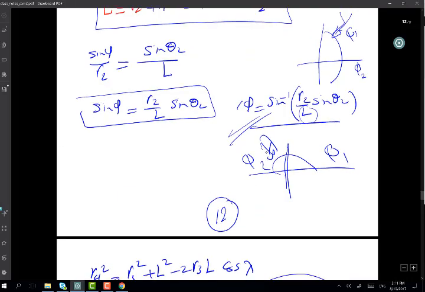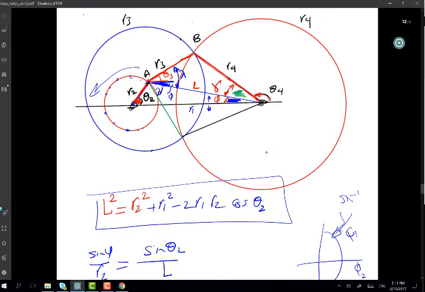And if you want to get theta 4 for the other assembly, if you are interested, theta 4 is the whole lot that goes to here. So it will be equal to pi, and you add to pi this little bit, this angle here, which is equal to gamma minus phi.